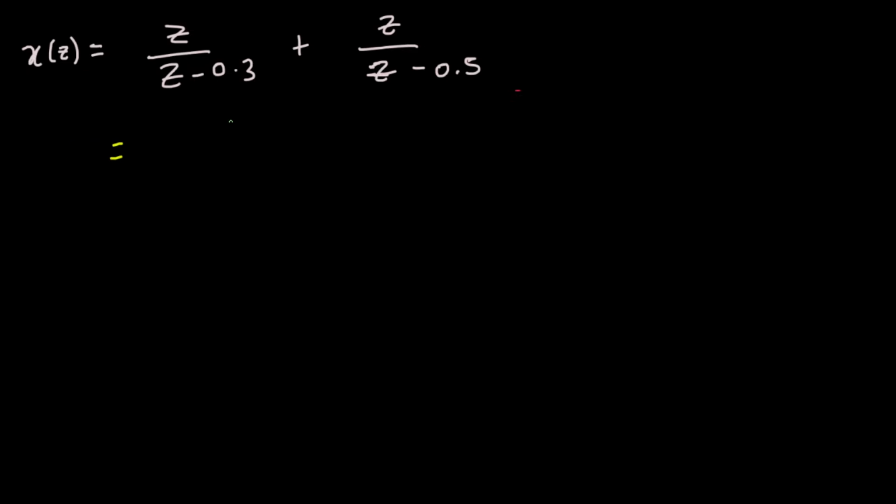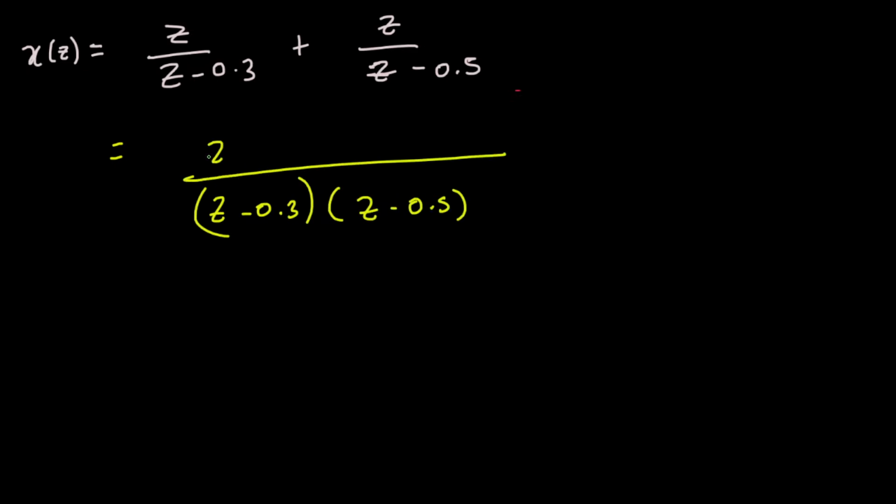To simplify this one, you just take the common denominator, which is z minus 0.3 times z minus 0.5, and multiply on top: z times (z minus 0.5) plus z times (z minus 0.3).